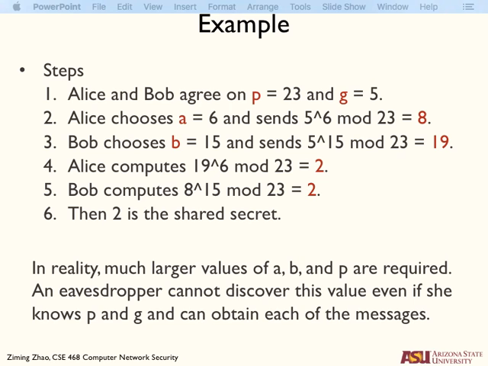Imagine if we are sharing an AES key, and the AES key is supposed to be 256 bits, so the number we're choosing here should be very big, and eventually the key should be 256 bits long. So even though the eavesdropper in this case can see all the messages, it cannot get the key.